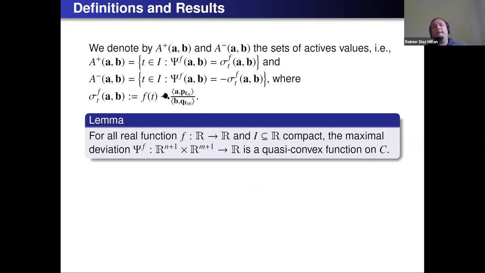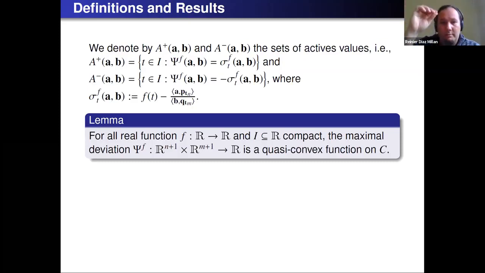Of course, these are the active points, and they give us the points at which this function realizes the maximum, or the minimum if you remove the brackets. Okay.